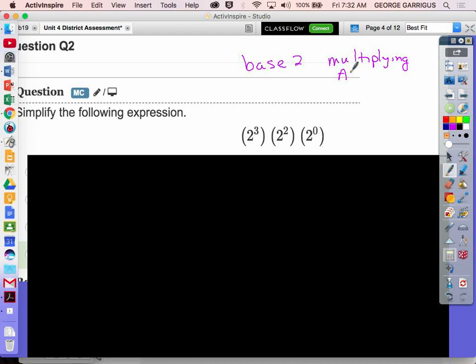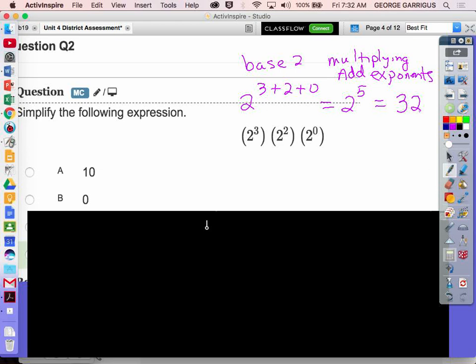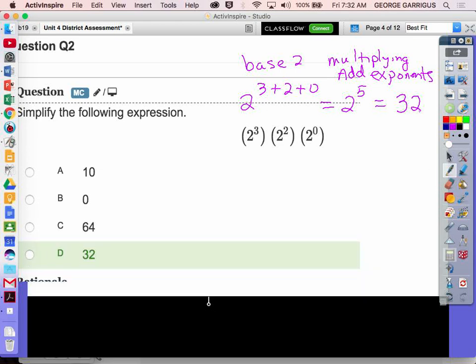You're going to add the exponents under the rule, where we have 2, and now we're going to add all the exponents together. 3 plus 2 plus 0, and that's 2 to the 5th. This number is small enough that you can do 2 times 2 times 2 times 2 times 2, and I believe it's 32. So either of those two answers will be correct, and here we go.